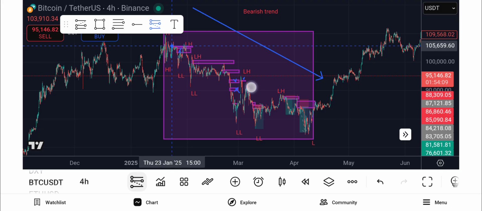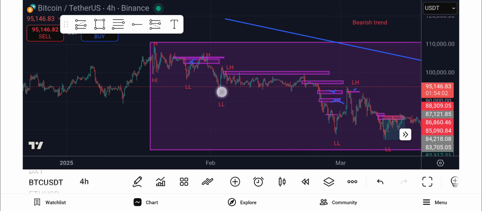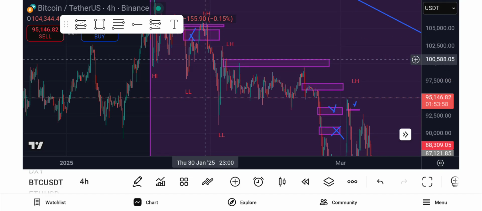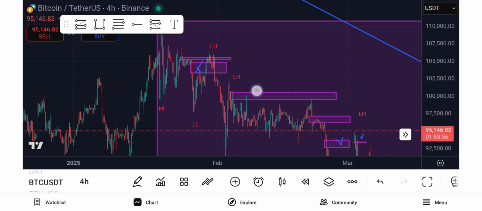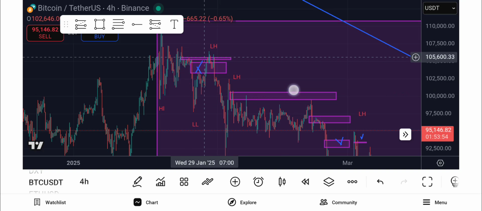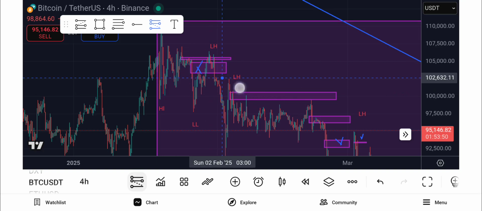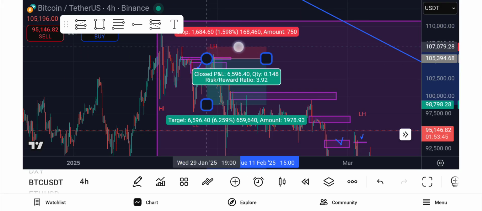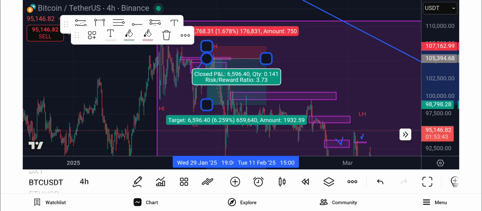Let me see if I can show you guys. As soon as this lower low was formed here, and this fair value gap entry formed around here, and this fair value gap formed around here, you entered at this lower high and put your stop loss above this, since that was where the fair value gap got rejected.